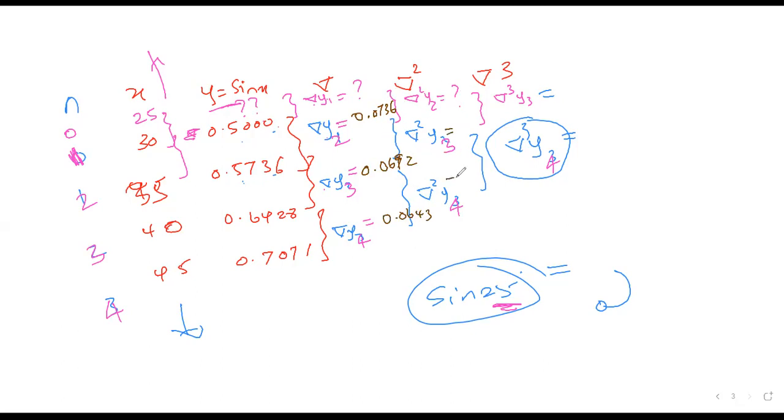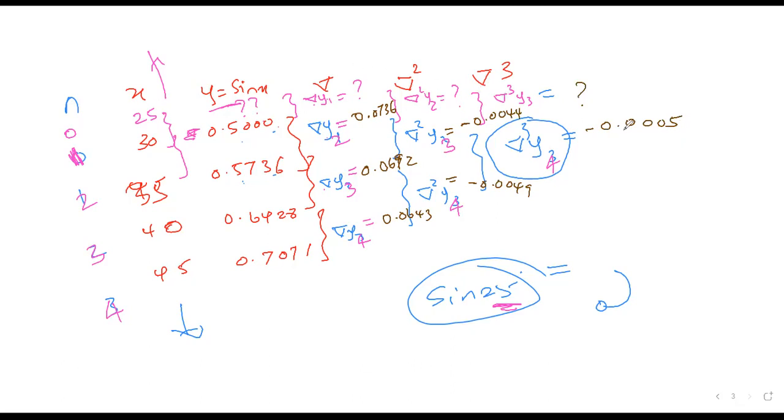What about this one, Δ²y3? Negative 0.0044. This will be negative 0.0049. Okay, Δ³y4. Is that plus or minus? Minus, no? Yeah, 0.0005.